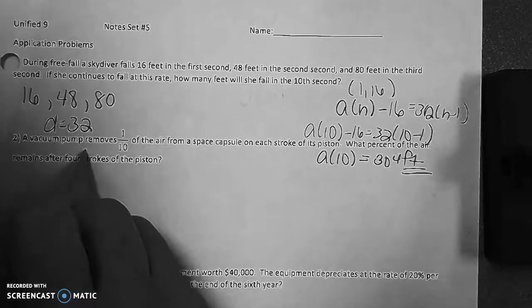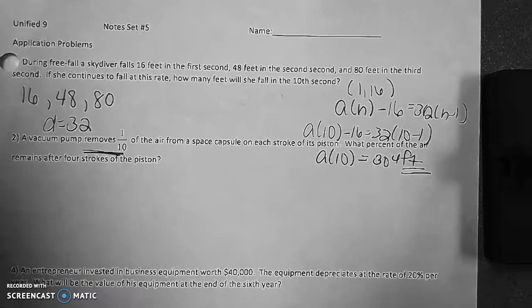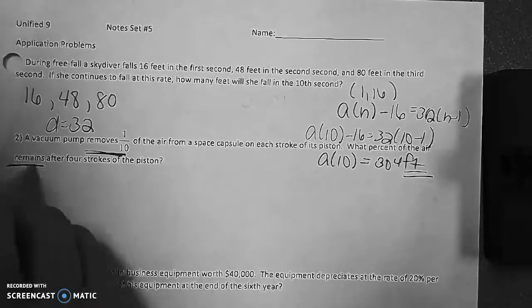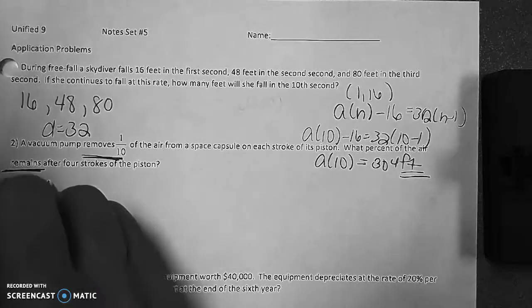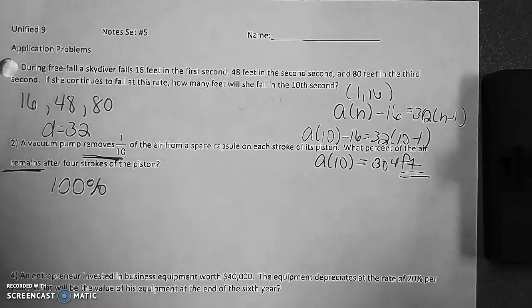You're removing 1/10, but it's asking you how much remains. So to start with, how much do we actually have? Well, we have 100%. I mean, that's initially, it's full, so it has 100%.